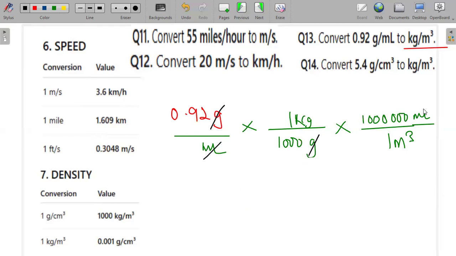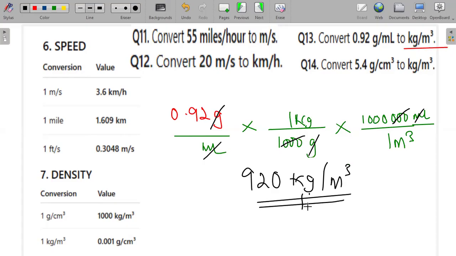The milliliter and the milliliter cancel. Now if I multiply this by that, divided by 1,000, what do I get? From this 1,000, I can cancel out 3 zeros. So 0.92 multiplied by 1,000 gives me 920 kilograms per cubic meter. That's the answer there.